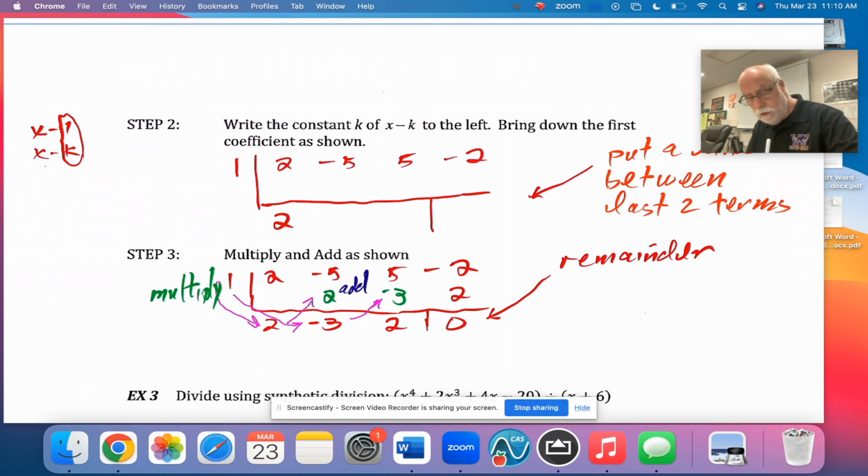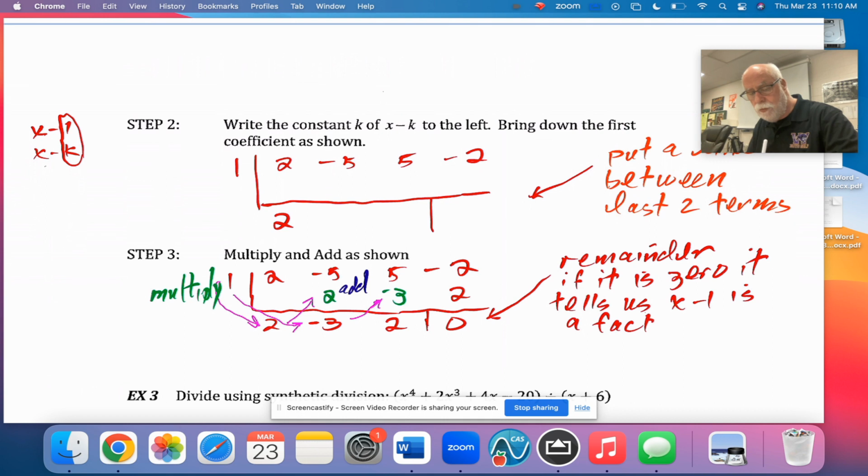And if it is 0, it tells us x minus 1 is a factor. And we're going to see that's going to be important to us on Monday, or on whichever day this is. So for 2023, it is on a Monday. I don't know what it'll be next year.